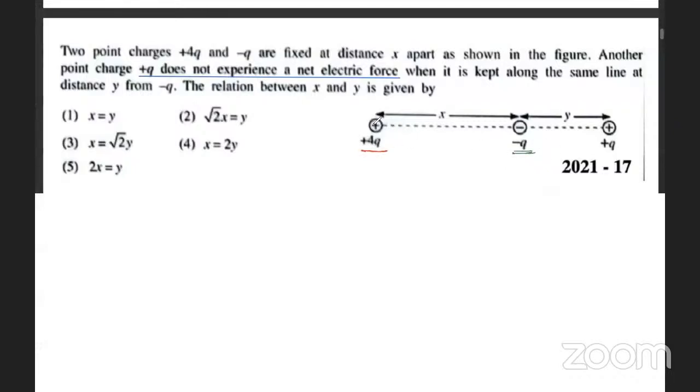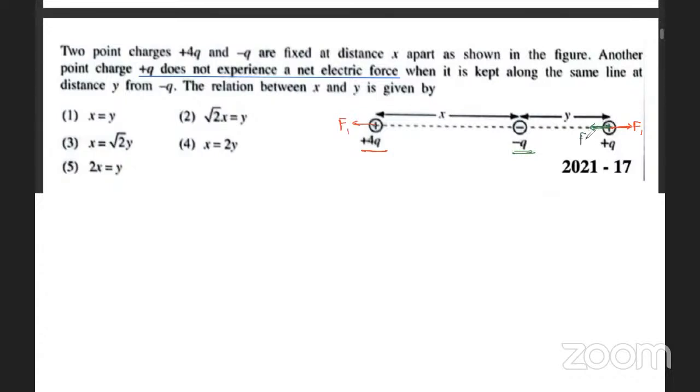We all know plus 4q will repel plus q, because similar charges repel each other, and plus q will give the same force on plus 4q. If you want, you can mark it, there's no harm in it, but that is really irrelevant for this question. And minus q, what does minus q do? When you have minus q and plus q, they will attract each other.